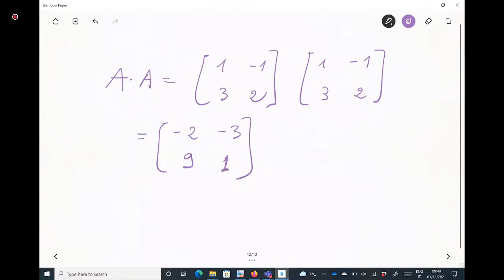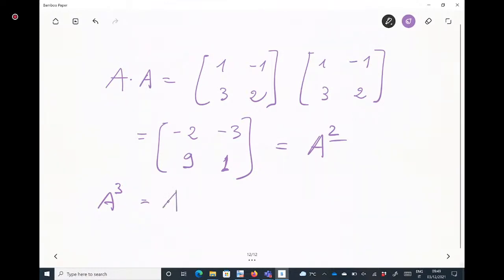Now, this is called A square, of course. So you can define for square matrices powers with a positive integer exponent, of course, okay? We can define powers. Now, suppose that you want to compute A to the power of 3. What would A to the power of 3 be?